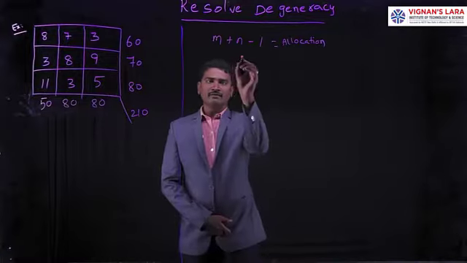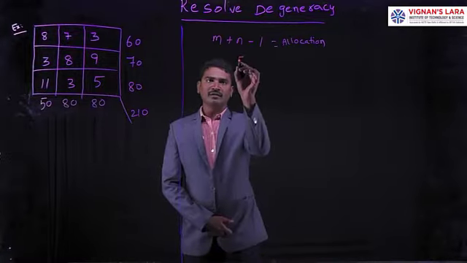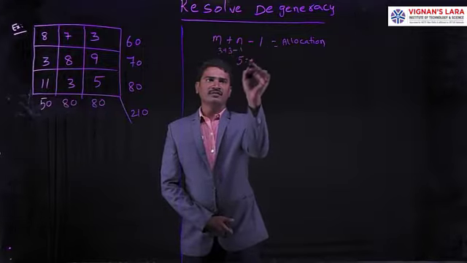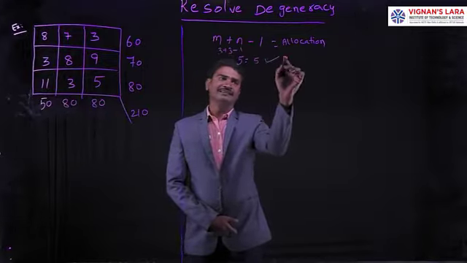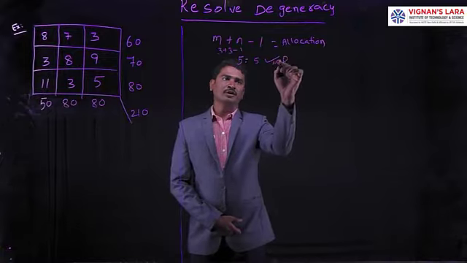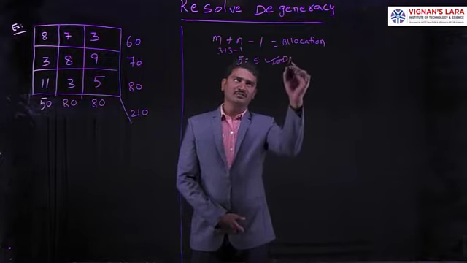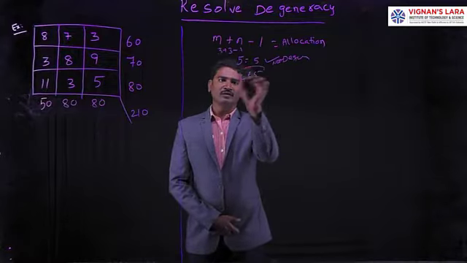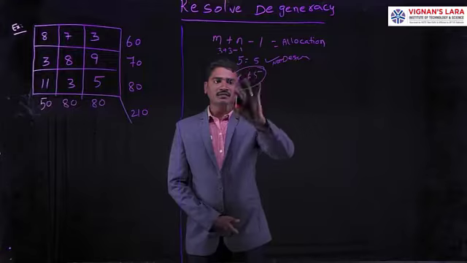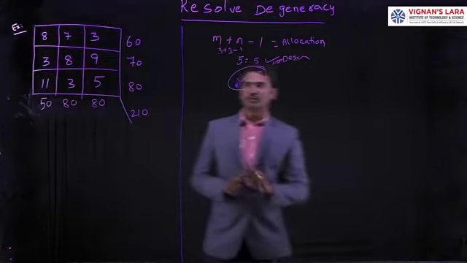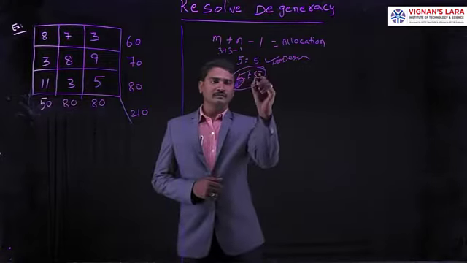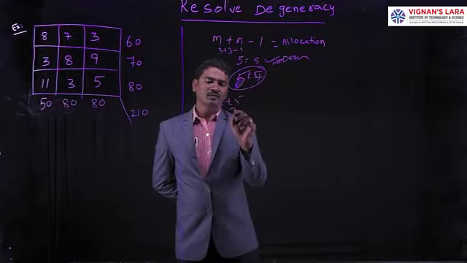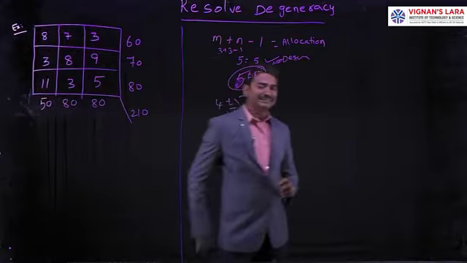Suppose we have 5 allocations and 3 rows plus 3 columns minus 1: 5 is equal to 5, which means it is non-degenerate. No need to go for any resolution of the degeneracy. If 4 is not equal to 5, or 5 is not equal to 4, whatever it may be, the problem is degenerate.